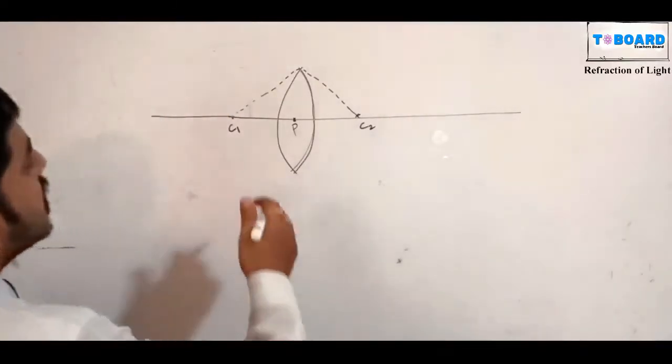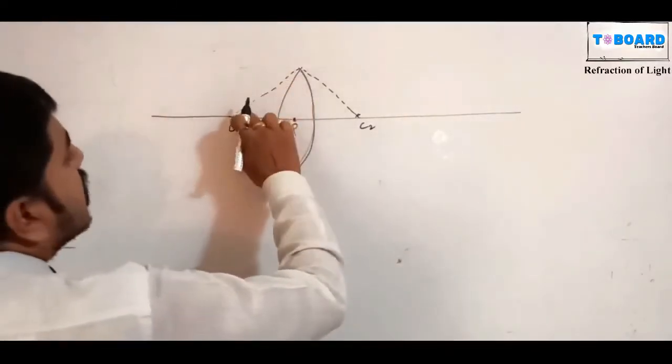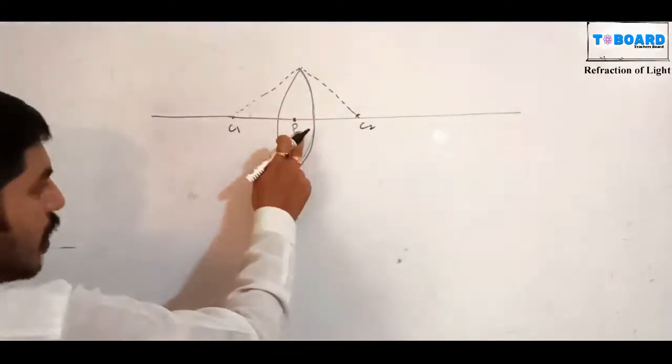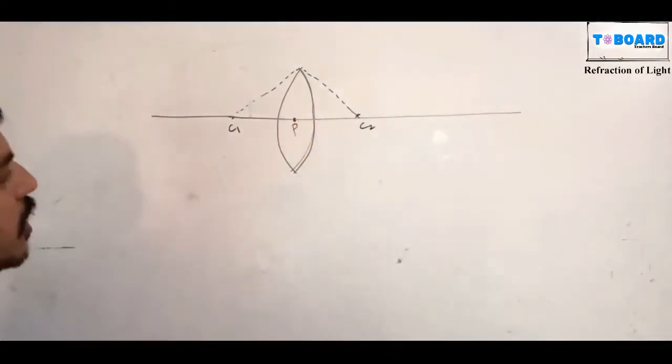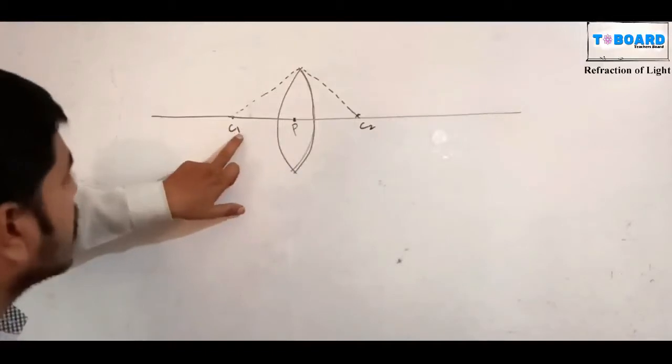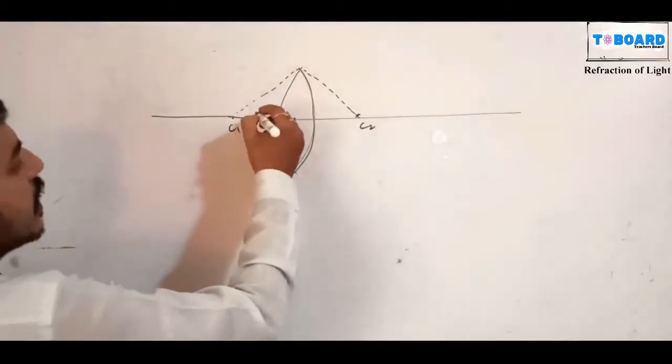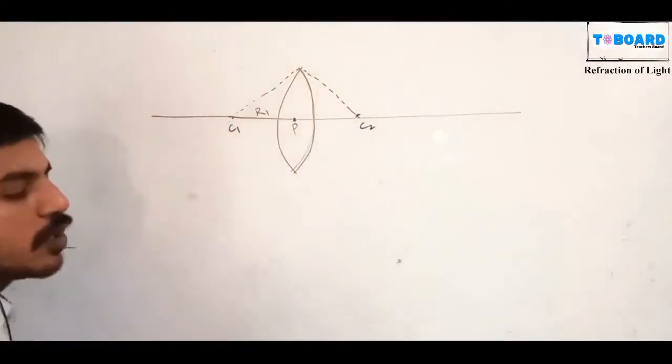Here, this dotted line explains the distance from the axis. For example, the distance from the optic center to the center of curvature is called the radius of curvature, R1, right?